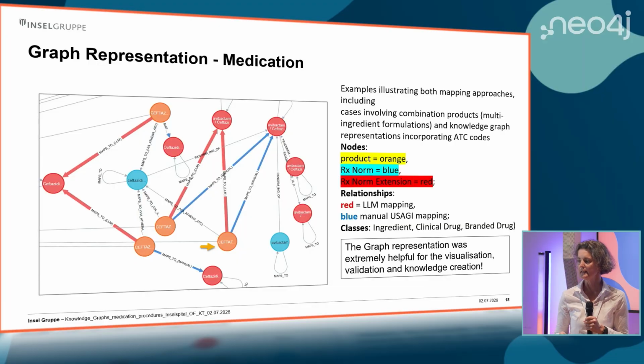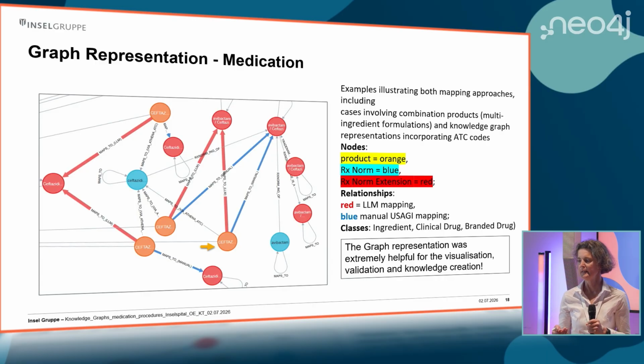So in order to analyze where we had different results concerning the classes and where we probably also have gaps in the mapping, we represented everything with a graph, and that showed us very clearly how granular the mapping could be conducted using the different models, and also concerning the different products and ingredients.